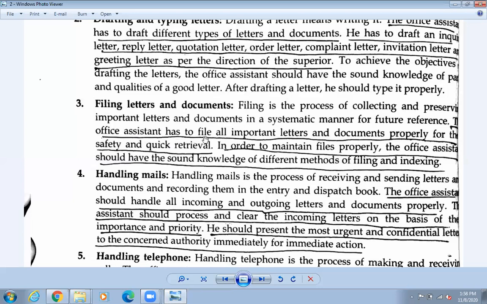The office assistant has to file all the important letters and documents properly for safety and quick retrieval. Later, if you need something quickly, and the boss says, go and bring this document, where will you search? In your pocket or inside your bag? Instead, I need to put it inside the file, and when needed I take it out.